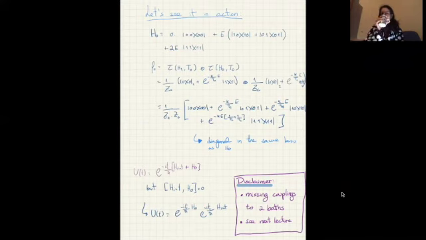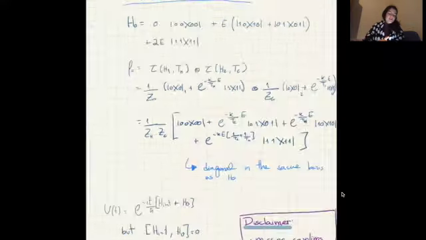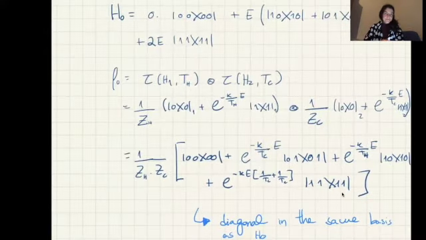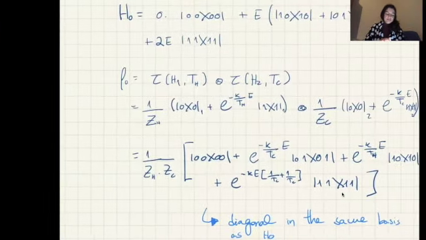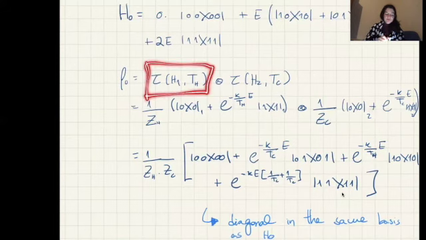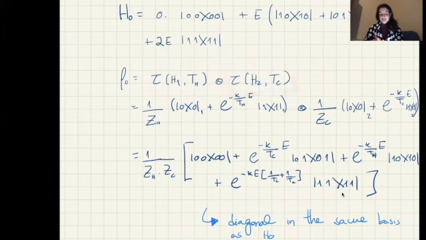Okay, what is our initial state? Well, the initial state is just the thermal state of the first Hamiltonian with temperature T hot, and the thermal state of the second with temperature T cold, okay? Because there are only 2 levels, we can actually write down all the levels, right?